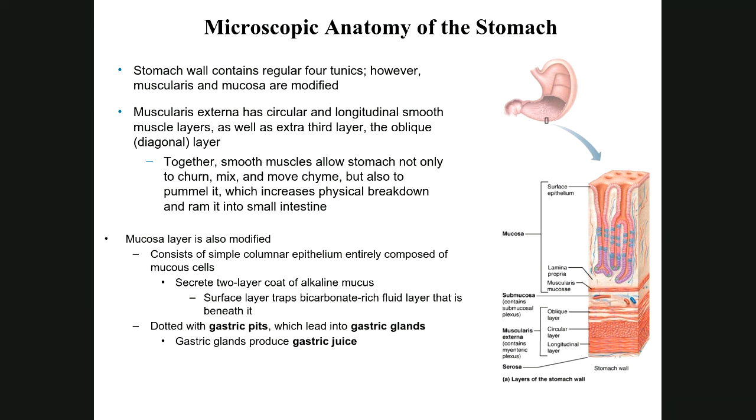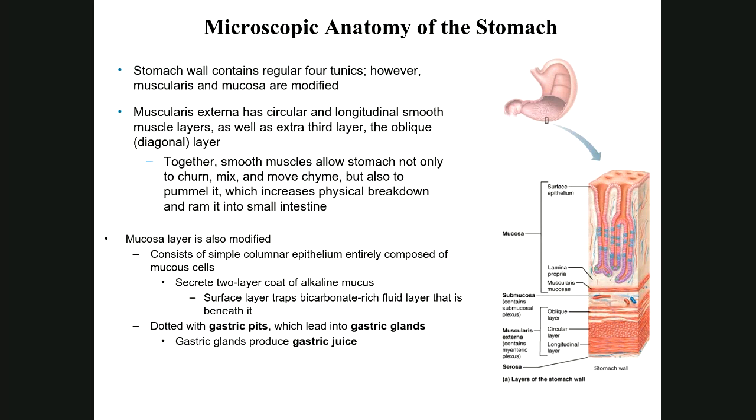But it also has a third layer, like a modified muscularis externa, because so far we saw only longitudinal and circular, but you also have an oblique, diagonal layer of muscle. Together, those muscles allow the stomach not only to churn, mix, and move the chyme, but also to pummel it and increase the physical, mechanical breaking down, and ram it into the intestine.